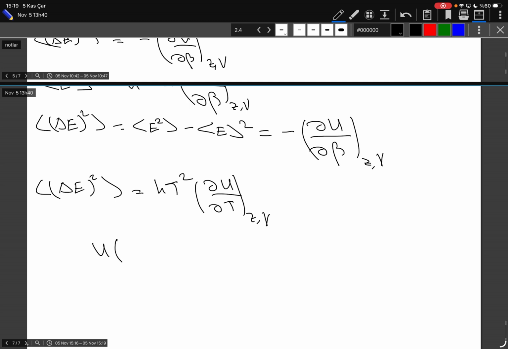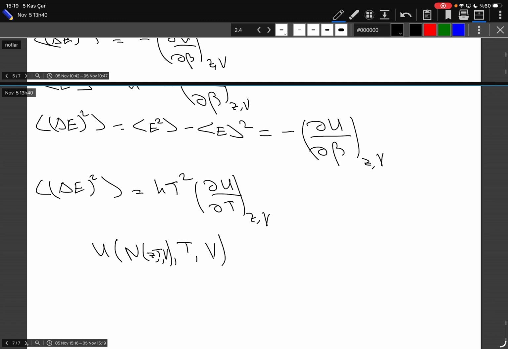I would rather write U as a function of N, T and V. N I can express in terms of Z, T, and V. In the grand canonical ensemble, N is not fixed. The average number N is expressed in terms of the chemical potential. So we solve for the fugacity Z or the chemical potential in terms of N, and hence we can express everything in terms of N, T, and V.